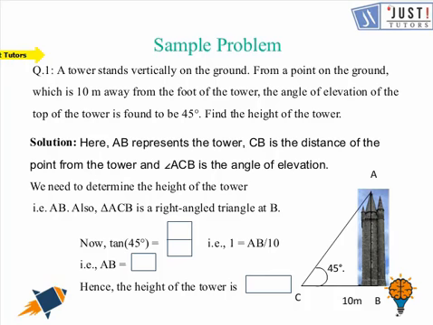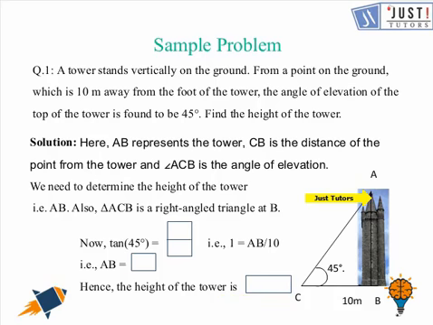First of all, to solve this question, we need to make a rough diagram. Let's suppose that AB is the tower, and then we need a point which is 10 meters away from the foot of the tower. Let's say that point is C. So that clearly says that CB is 10 meters. If from point C we look at the top of the tower, the angle of elevation so formed is 45 degrees.